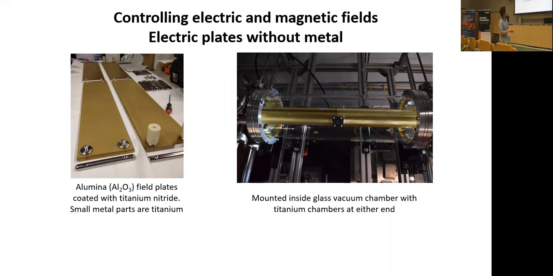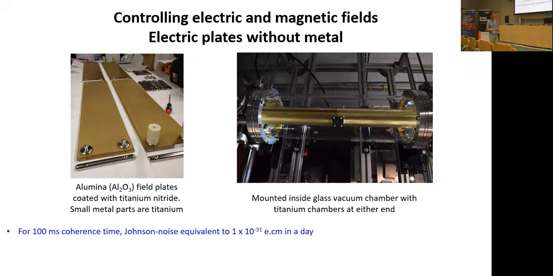The metallic parts are made of titanium, which has low Johnson noise. With this construction, we calculate that the magnetic Johnson noise is equivalent to 1 times 10^-31 centimeter in a day, which is lower than the projected sensitivity, which is good.